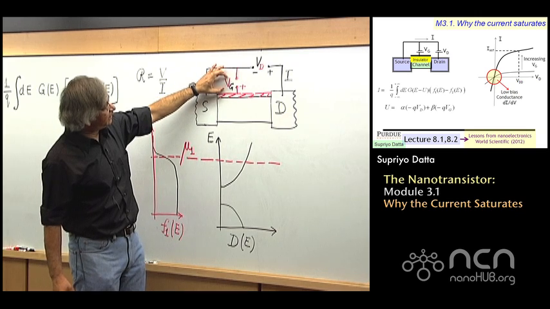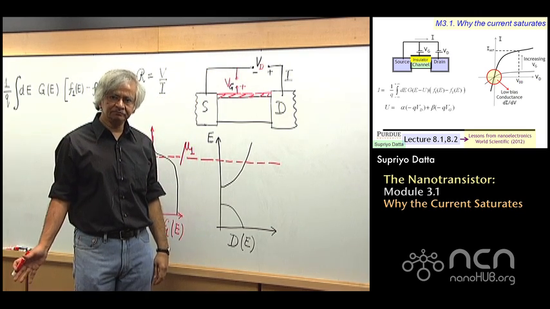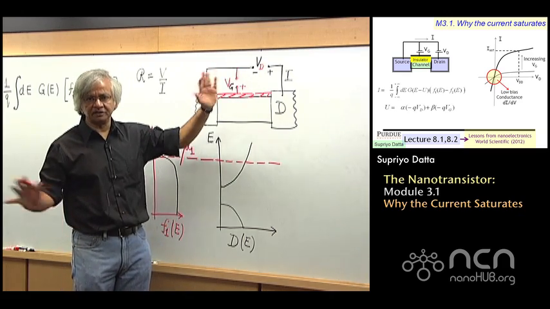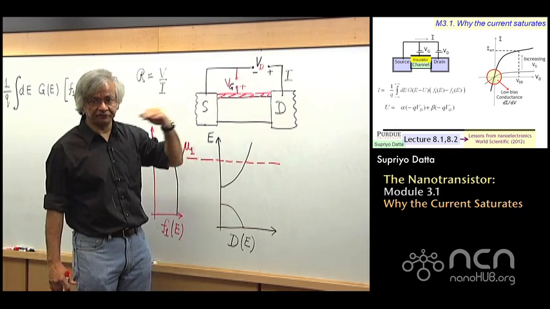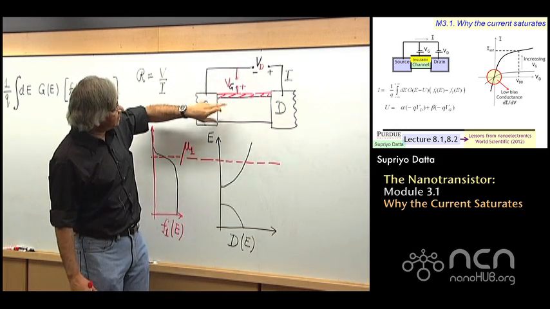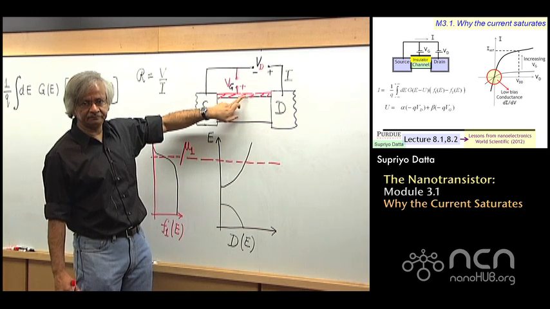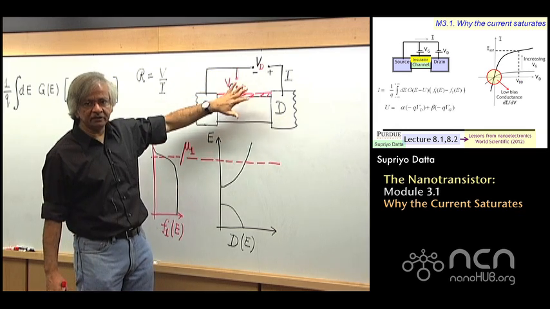Whereas in this gate terminal, ideally, no current should flow. In practice, there is some leakage current, which for most of our discussion we'll be ignoring anyway, although these days that is getting to be significant. But ideally, there shouldn't be much current here because there is this insulator. And its sole purpose is to control the current flow.